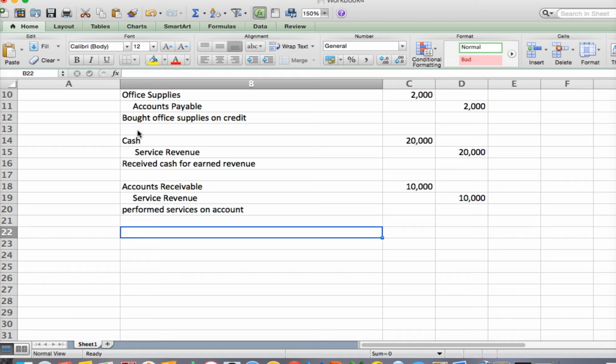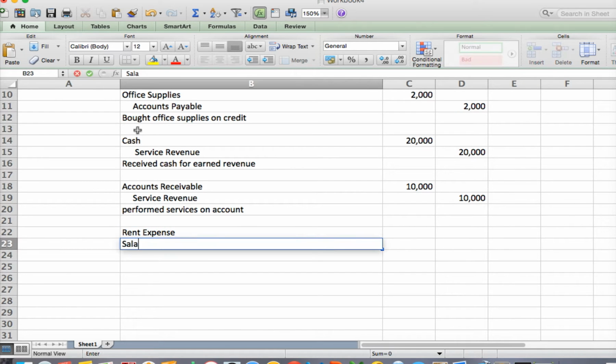Okay, now we're going to pay some expenses, and we're going to use cash to pay those expenses. So remember, anytime I record an account named expense, the expense always goes in the debit section, right? So let's say that I'm paying some rent expense and some salaries expense.